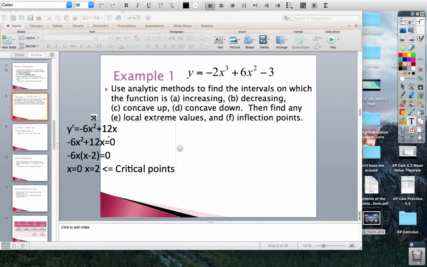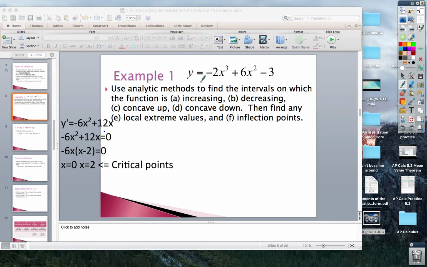Now what happens with these critical points is they tell us where our max and min are. They also tell us where this graph is increasing and decreasing. So think back to your pre-calculus days and look at this leading coefficient here. First of all, this is an odd graph.